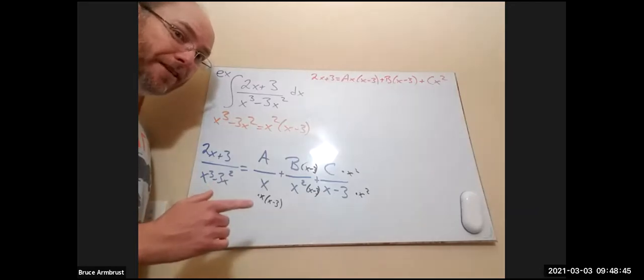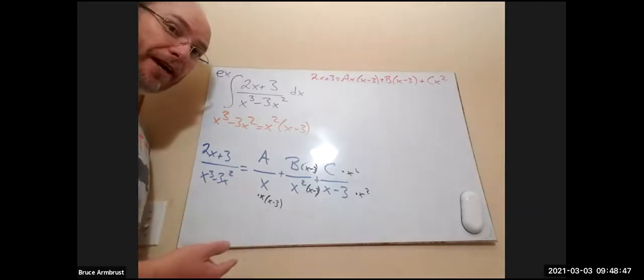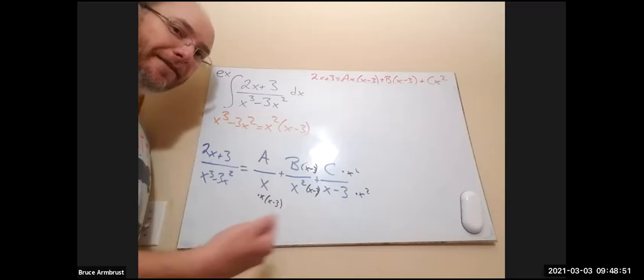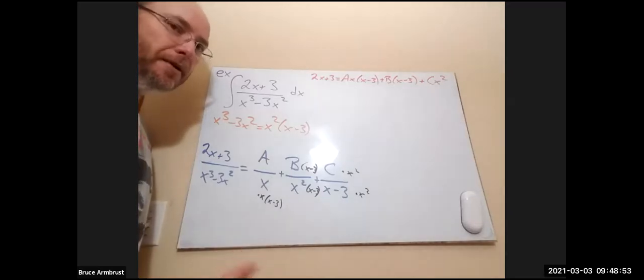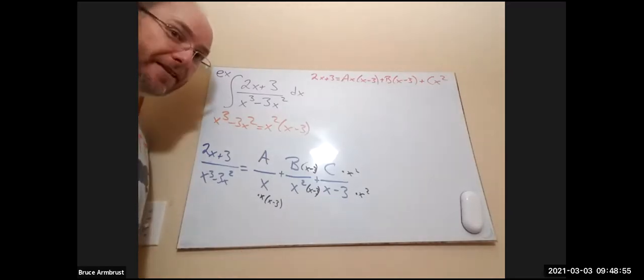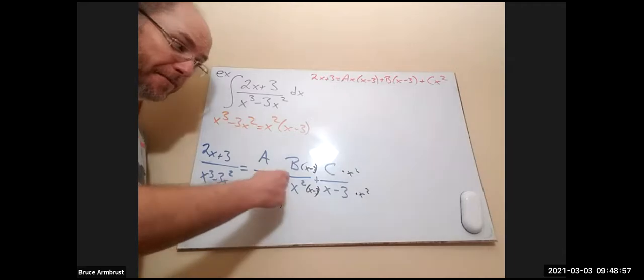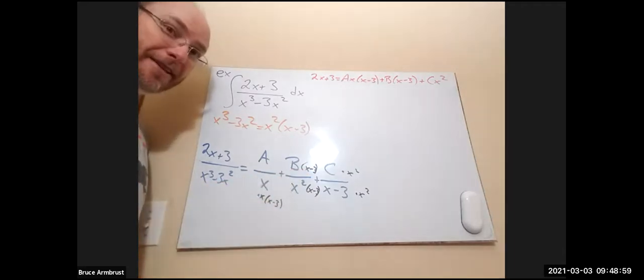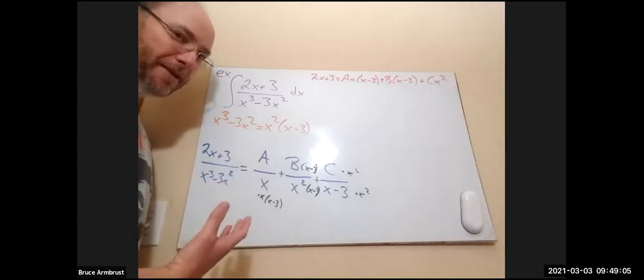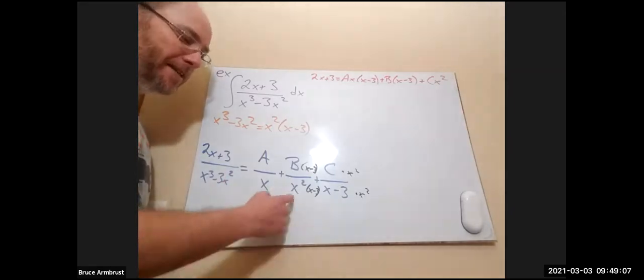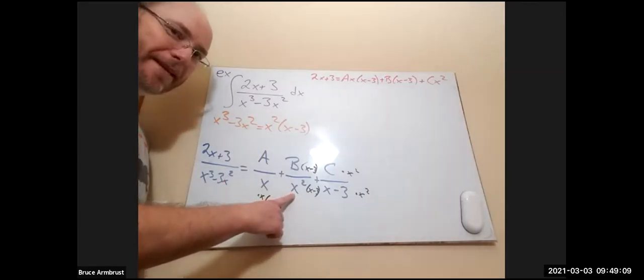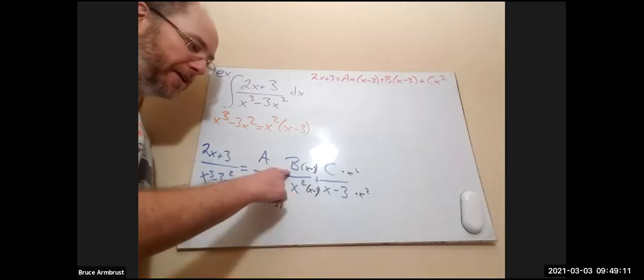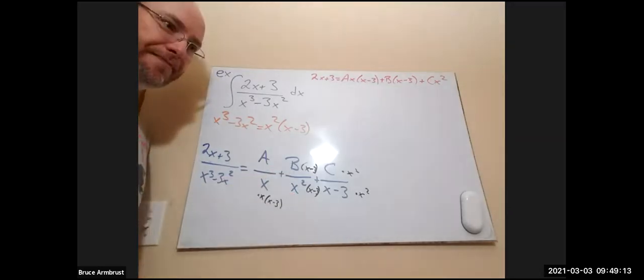The bad news is it's going to increase the amount of work you have to do when you solve your system, because you're putting in a variable you don't need. So worst case scenario, you make that thing linear and it turns out that the linear part doesn't matter. But save yourself some time. Recognize that it's actually just a repeated linear factor, so I can just go with a constant on top.